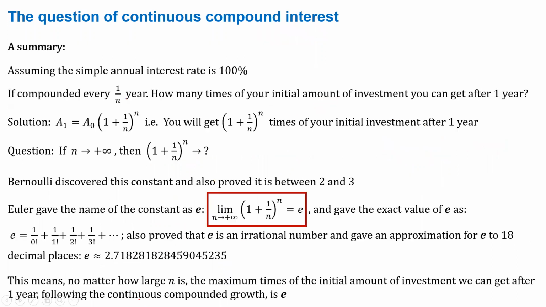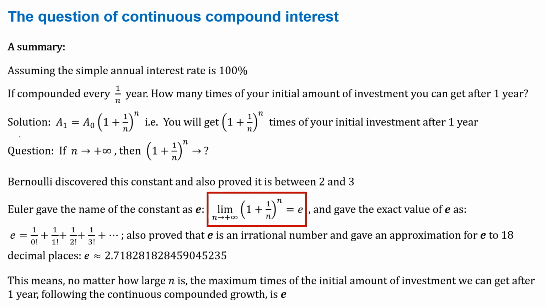Okay, so now let's consider, assuming the simple annual interest rate is 100%. If we compound it every 1/n year, how many times of your initial amount of investment can you get after 1 year?